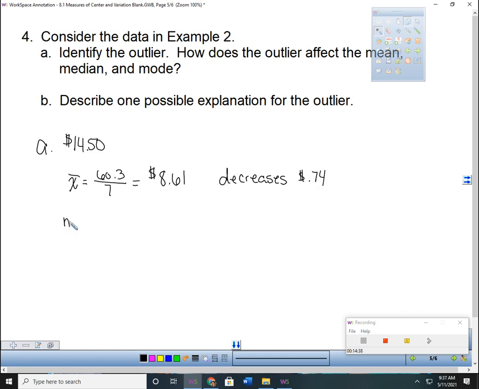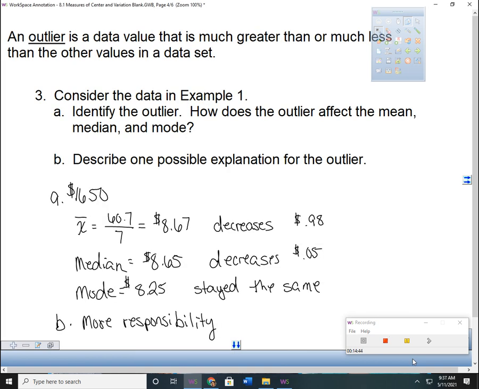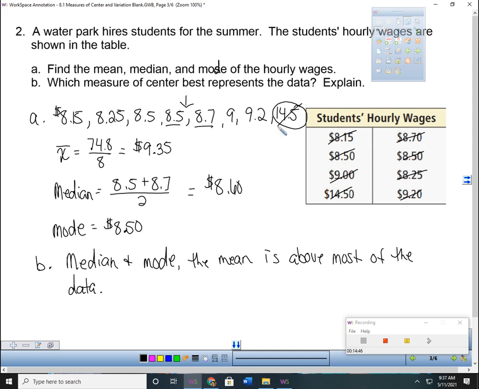All right, for the median, I now only have 7 terms, right? I've taken this one out. So I'm going to go 4 in. I always go up 1 to 8 and still do half of 8. So that's 1, 2, 3, 4. 1, 2, 3, 4. So this is my middle.